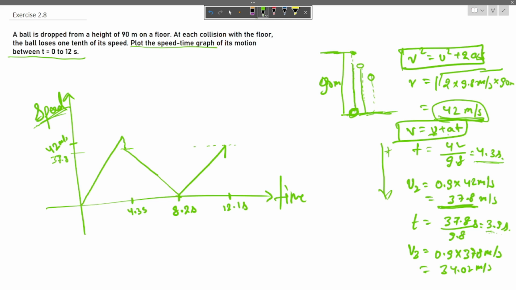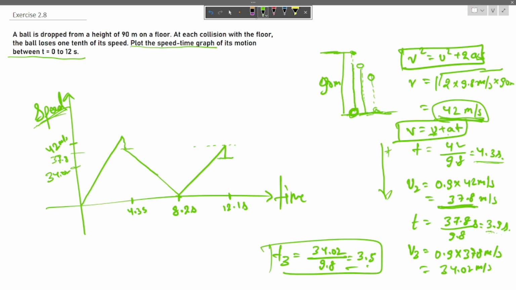So it will reduce to 34.02 meters per second. And the time interval that is required for it to become 0 when it bounces upwards is equal to 34.02 divided by 9.8, and that would be equal to 3.5 seconds.